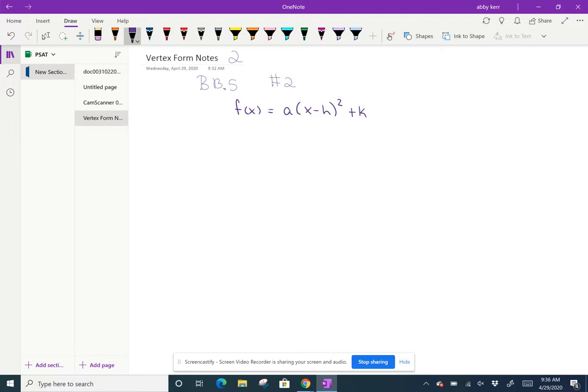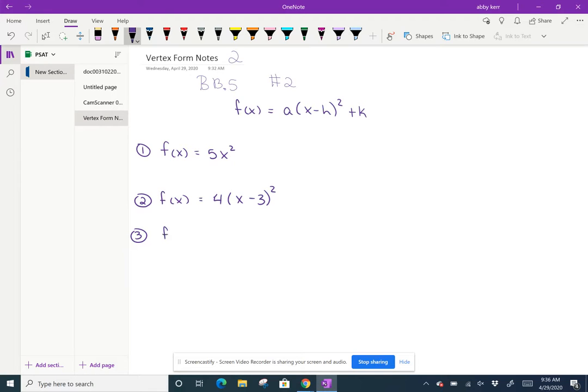Now, there are 4 situations that you will see in IXL. You will either see a problem that doesn't have any parentheses and you're not adding or subtracting any number, so like 5x squared. You will see a problem that's like 4 parentheses x minus 3 and parentheses squared.